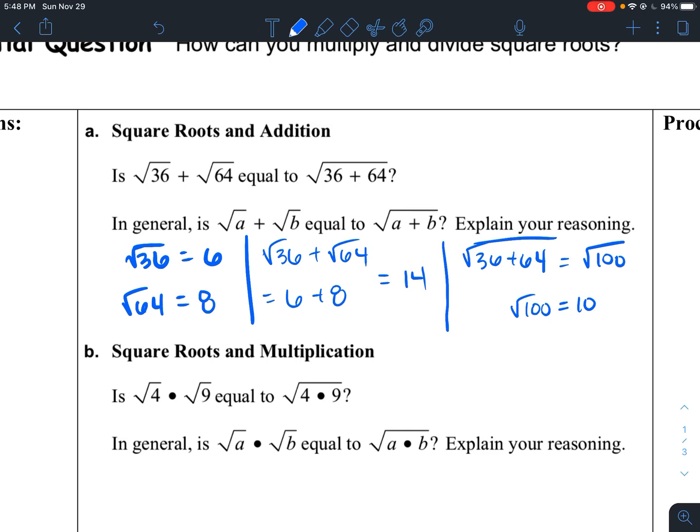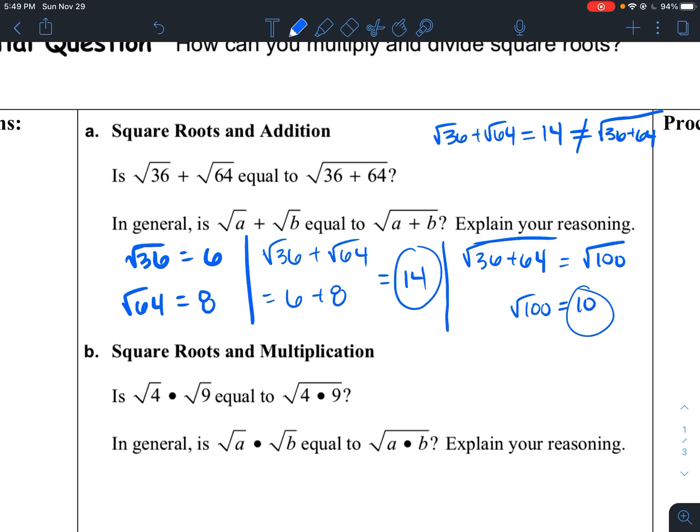So you can see here that we got 14 and 10. The square root of 36 plus the square root of 64 is equal to 14, and that does not equal the square root of 36 plus 64. So these are not equivalent.